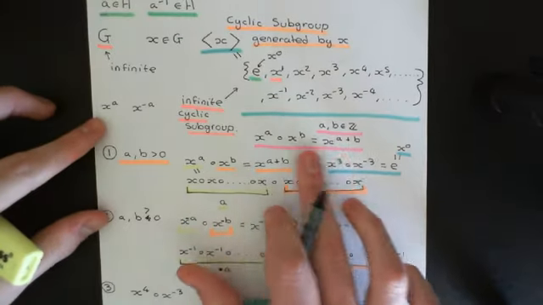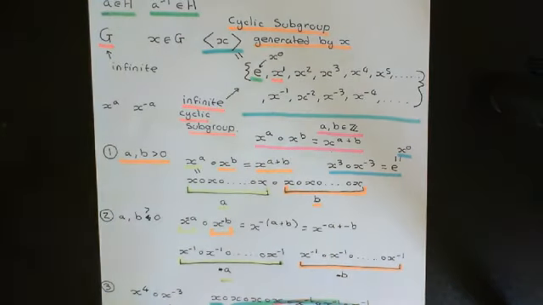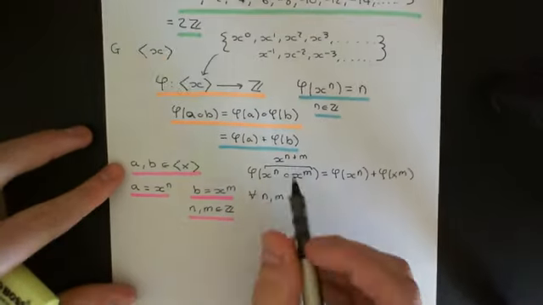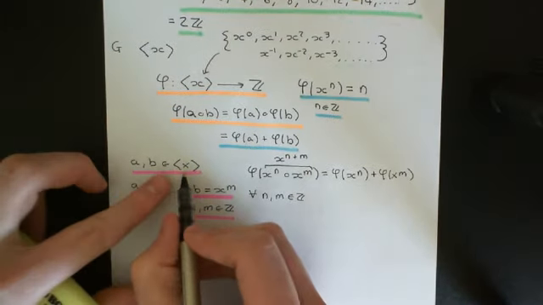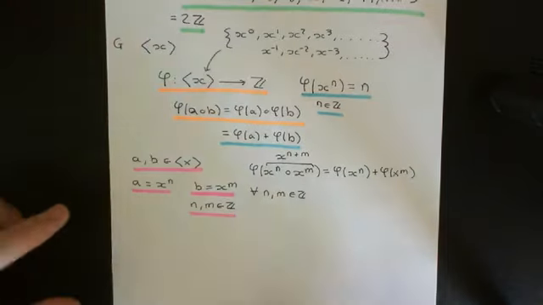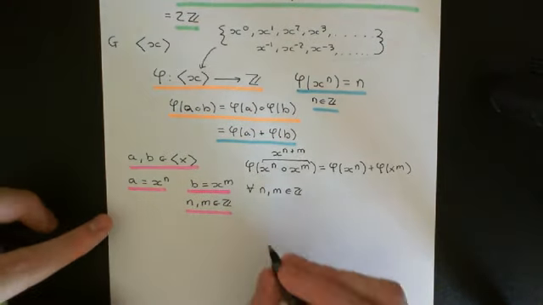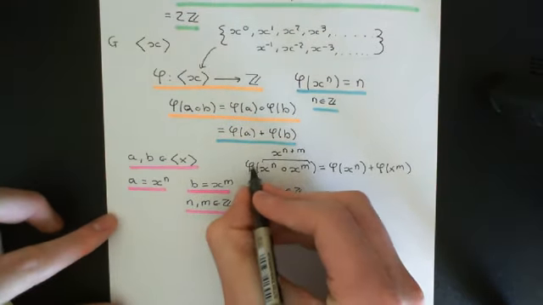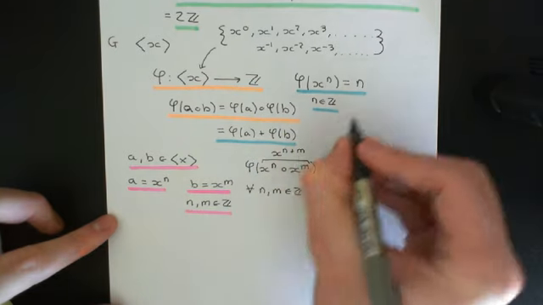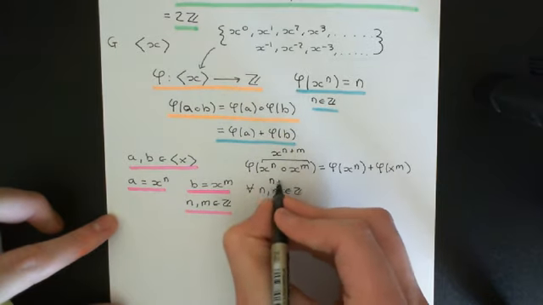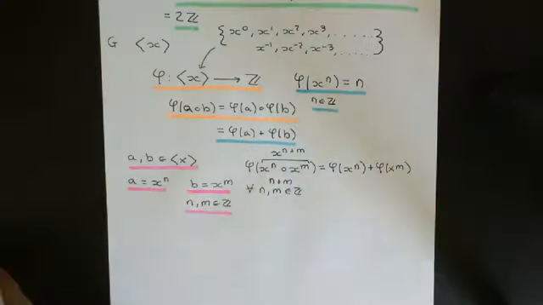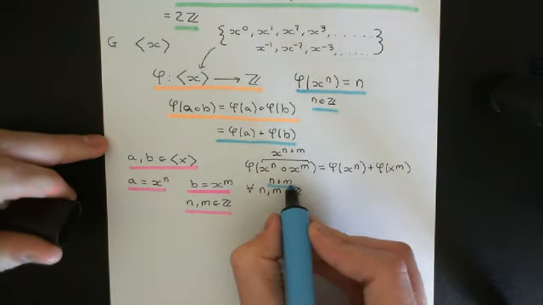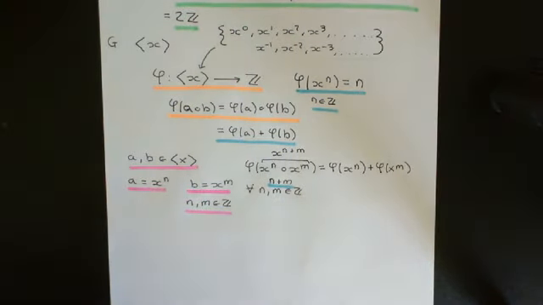That's what I showed you over here, that if you want to compose two powers of x together, you just add the two powers. So if we compose them together in the infinite cyclic subgroup generated by x, we get x to the power of n plus m. We're then taking phi of x to the power of n plus m, which will just take this to n plus m. So the answer to the left-hand side is just n plus m.